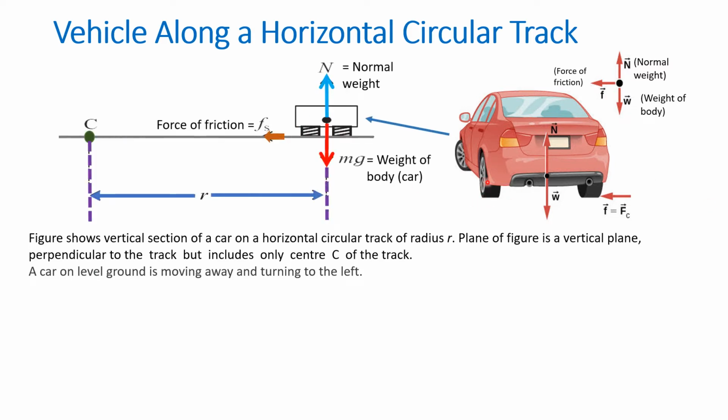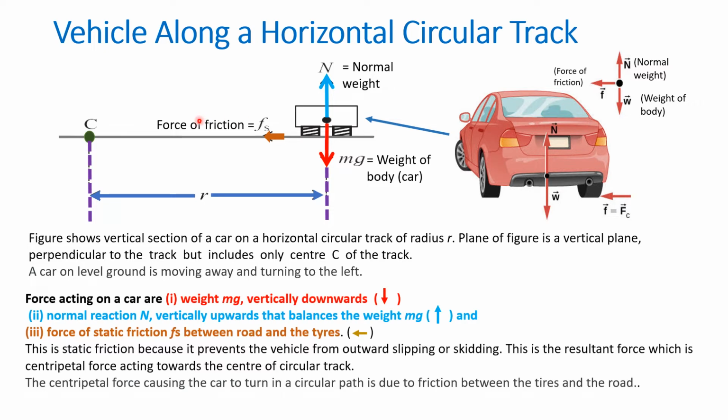We can consider a vertical section of this car, as shown in this figure. This is the vehicle and this is the normal reaction acting on it. mg is the weight of the car, and the force of friction always acts towards the center of the circular path.